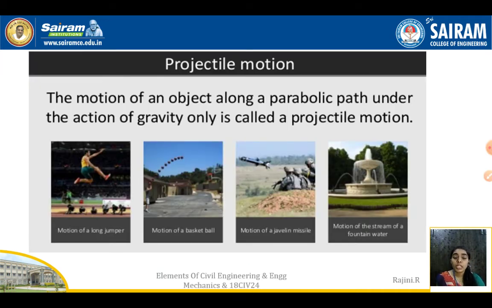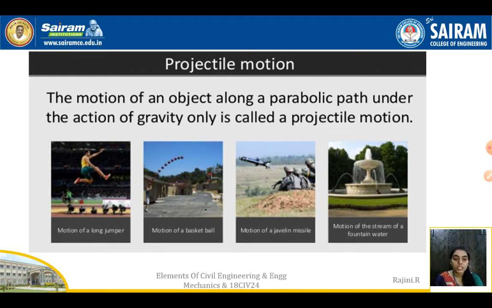Here you can see different projectile motions. A man is jumping from one place to another place, the long jump. And the basketball, when you are putting it inside the basket, it goes in a curved path. Next one, the missile or an aeroplane, how it launches from one place to another place with a curved path.